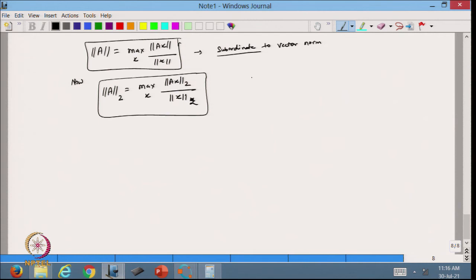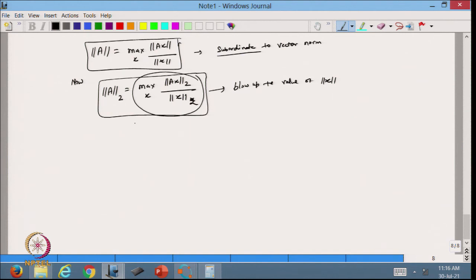So, if you see from here, I am taking Ax, taking its norm, then taking the maximum value. We blow up the value of x because I am taking the maximum values.